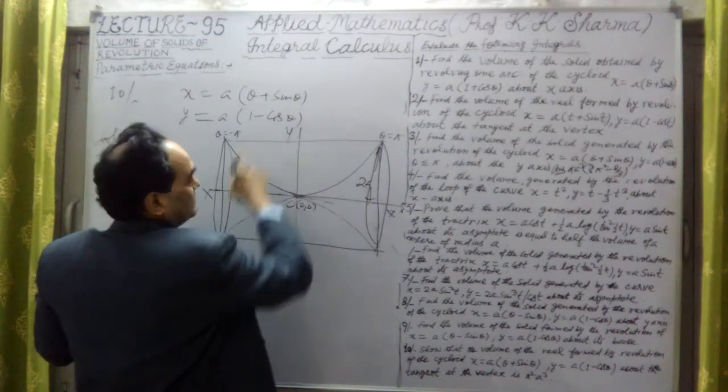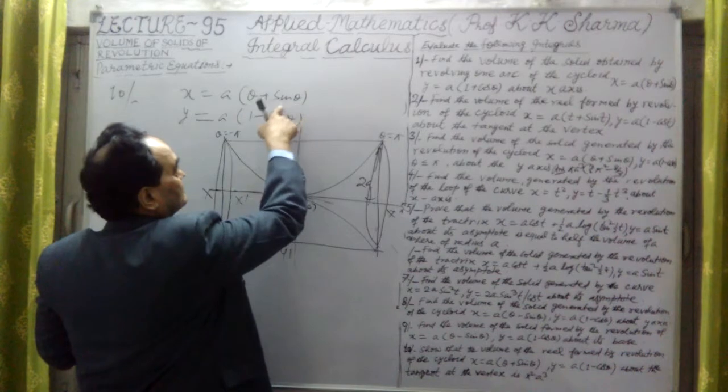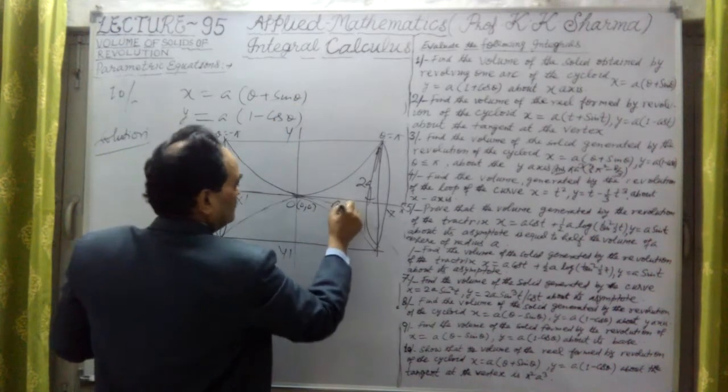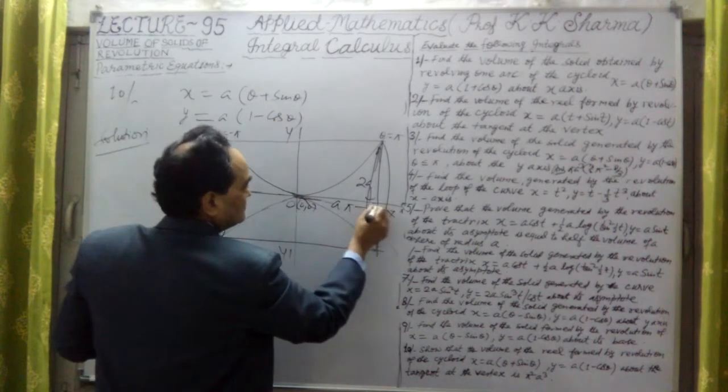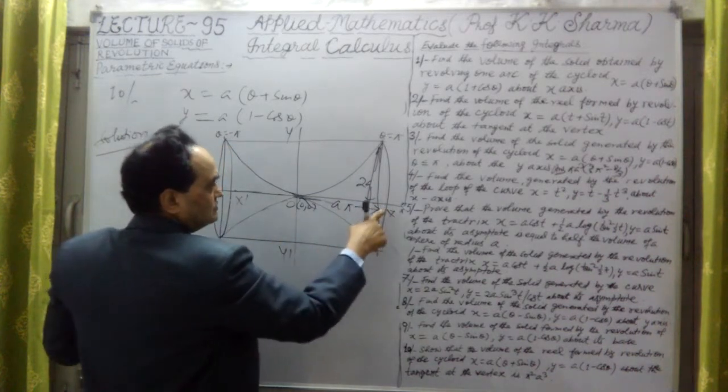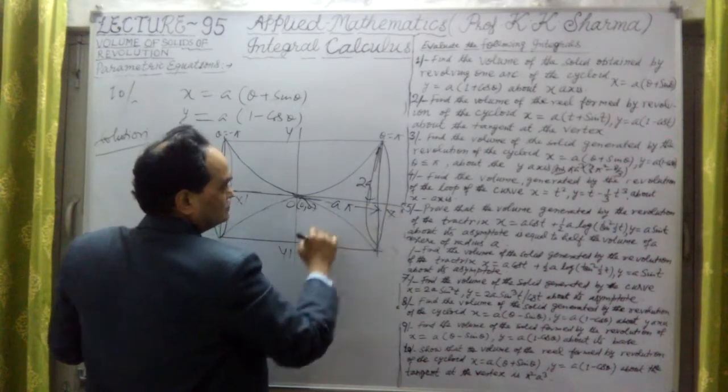But what is a here? If I put pi, sine pi is 0, so x is a pi. This distance up to this point is a pi, and y is 2a.